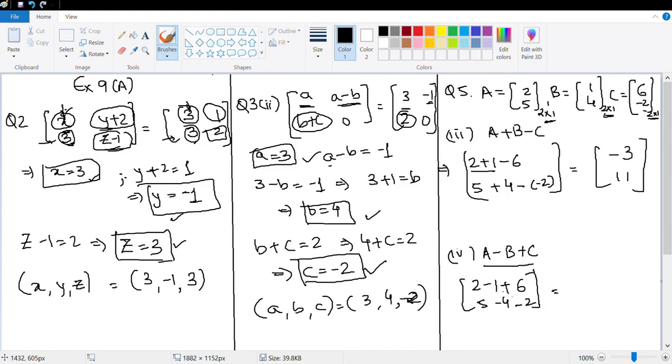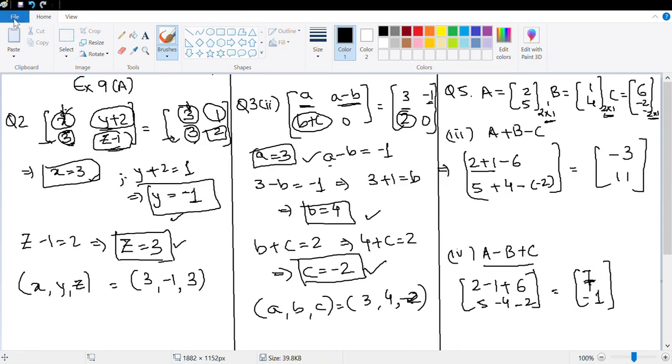So this will be 2 minus 1, 1, 1 plus 6, 7, and 5 minus 4 is 1, 1 minus 2 is negative 1. So the answer is 7, negative 1. Please note that you can add or subtract only if the order is exactly the same. Chalo, let's move on to the next question.